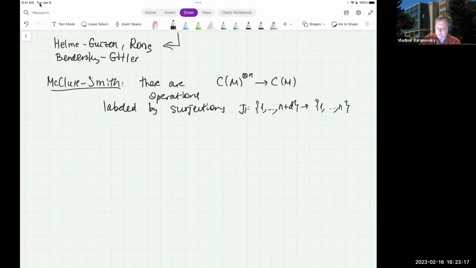Okay, so we want surjective maps. We write those maps as sequences of values.